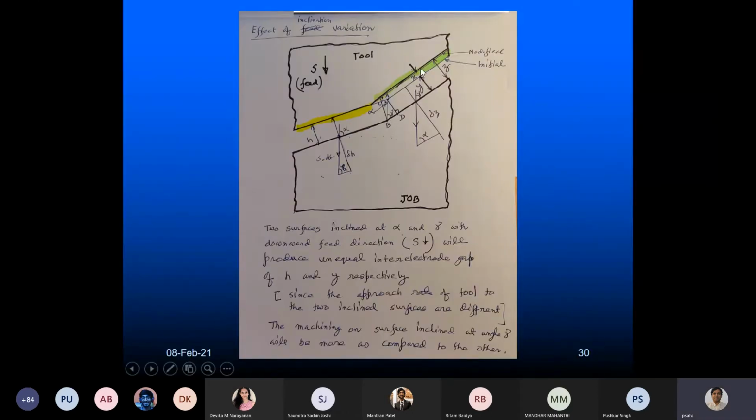So this compensation can be done so that by increasing the distance, the machining rates of these two surfaces can be changed, and we can maintain that.